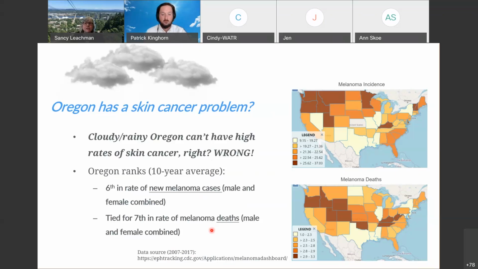This is an average of the 10-year data up to the latest data we have, which is 2017, because it takes a while to get all the data entered. And look at what the numbers are. Oregon is 6th in the rate of new melanoma cases for both male and female, and tied for 7th in the rate of death. So skin cancer, particularly melanoma, is a problem in Oregon.